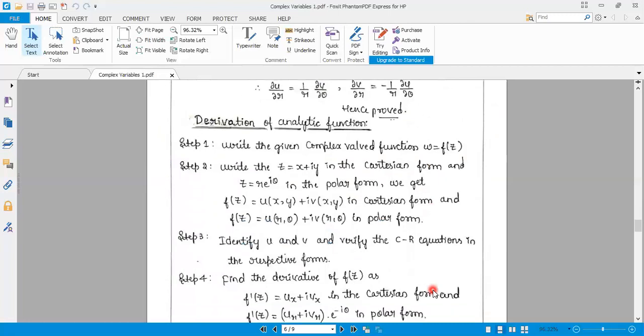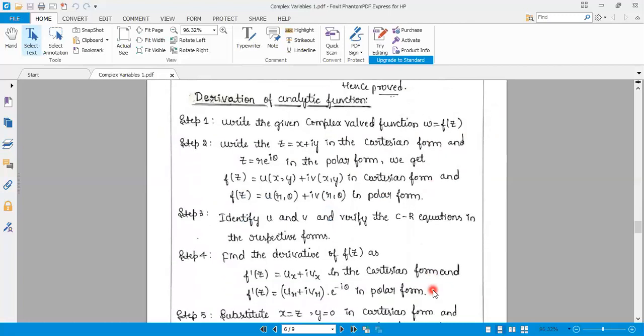Now let us take up some problems on analytic function, where the function is given. We are supposed to find its derivative. This is the procedure. f of z will be given. We substitute z equals x plus iy, and f of z, if we want, you can substitute as u plus iv, and then we use this derivative f dash z, which equals ux plus ivx, which is obtained from the derivation of CR equations.